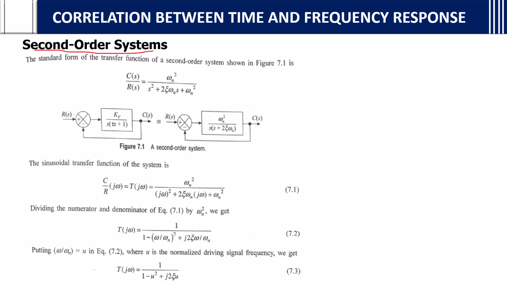The standard form of the transfer function of a second order system, from figure 7.1, is Kv by S into (tau S plus 1). This is the feedback, and it can be written as omega n square by S into (S plus 2 zeta omega n).